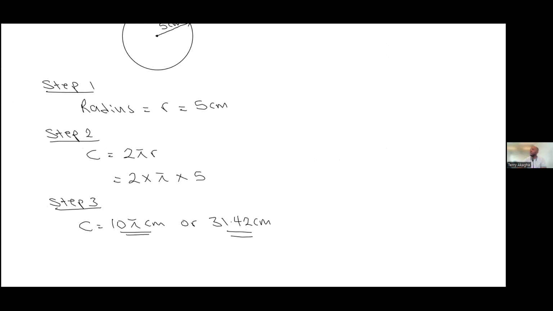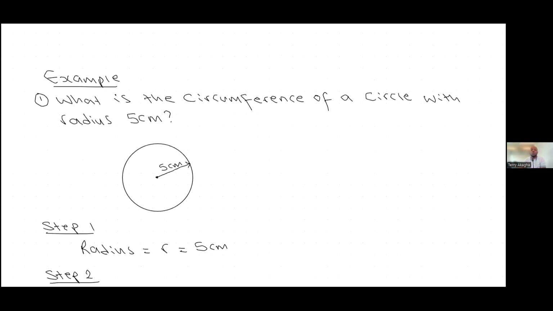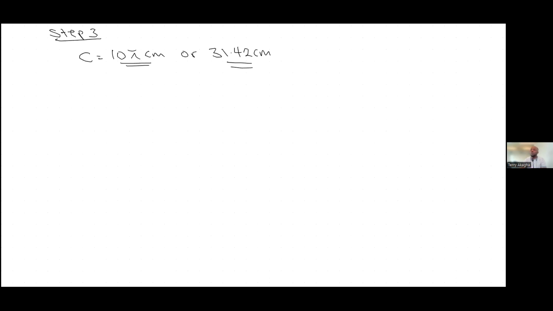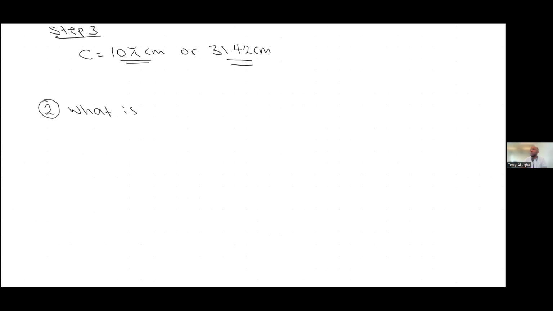So now we can pick another example. Let's assume we have example 2, and we are told, what is the circumference of a circle with a diameter of 40 centimeter.